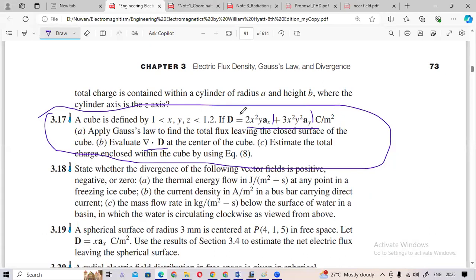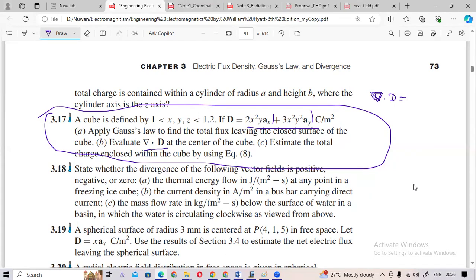So when you are going to do this one, you have to find the divergence. First you can find the D. So how can you find the divergence? Del dot D. What is the divergence of this D? You have to get the dot product with this gradient operator.